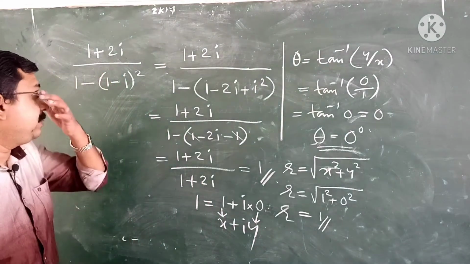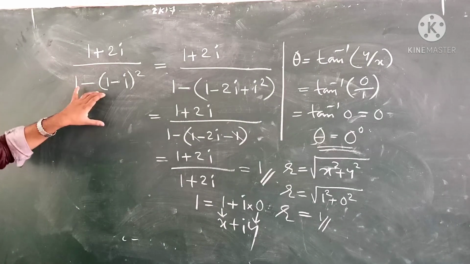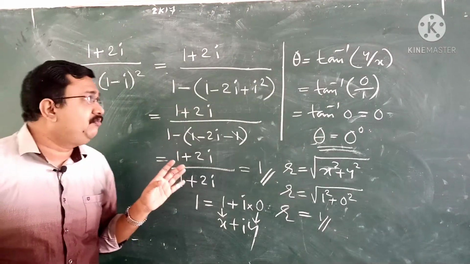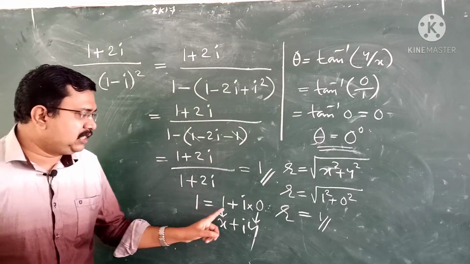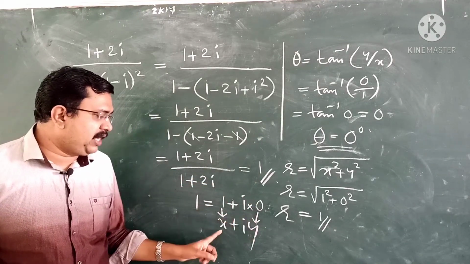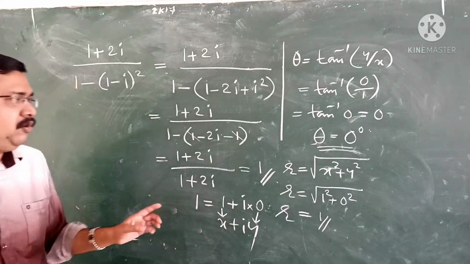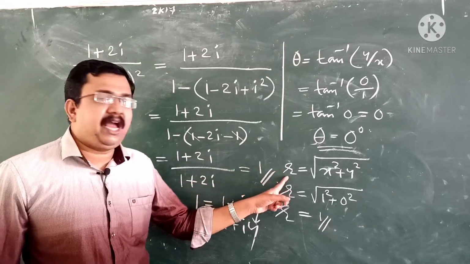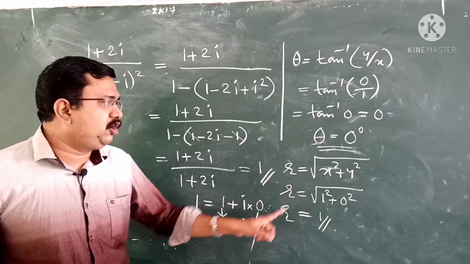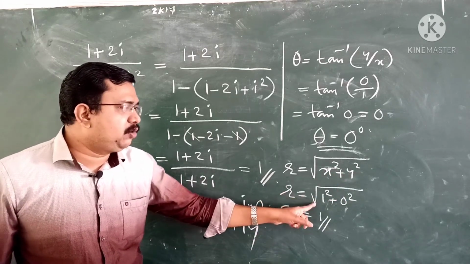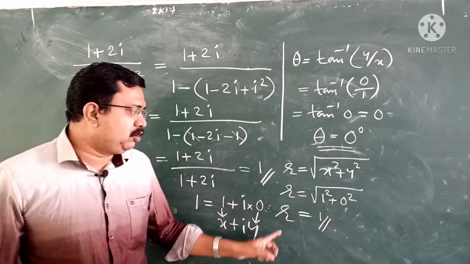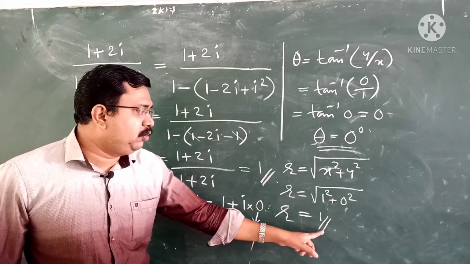Okay, got the idea? First we convert this complex number into a + ib form. Then we get 1, which can be written as 1 + i × 0, that is x + iy. Therefore, the modulus r is calculated using root of (x² + y²), that is root of (1² + 0²), so r = 1.